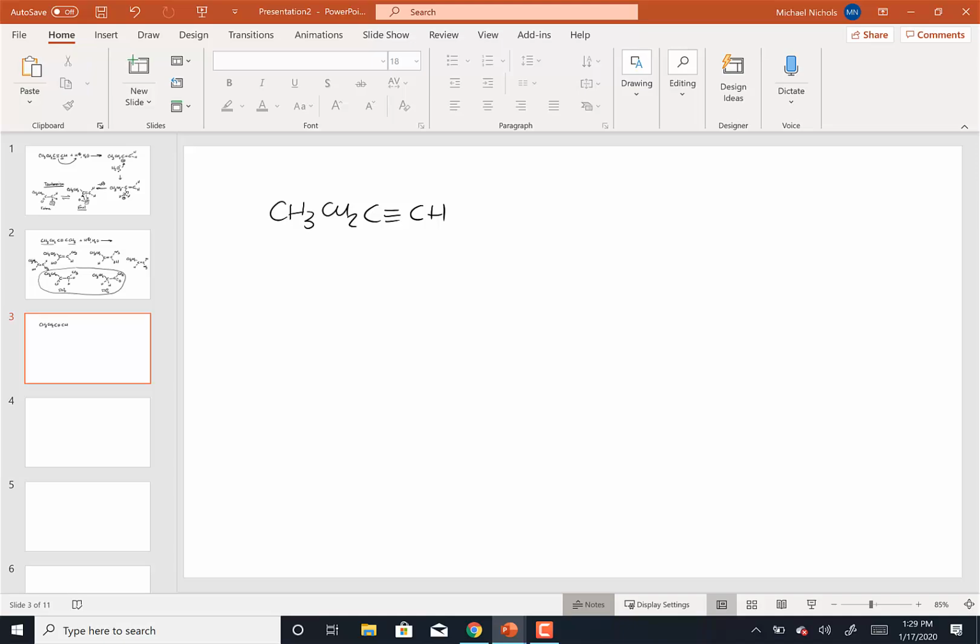What about if I wanted to add the H and the OH anti-Markovnikov so that when this underwent the tautomerism, I wouldn't form a ketone, but instead I would form the aldehyde.